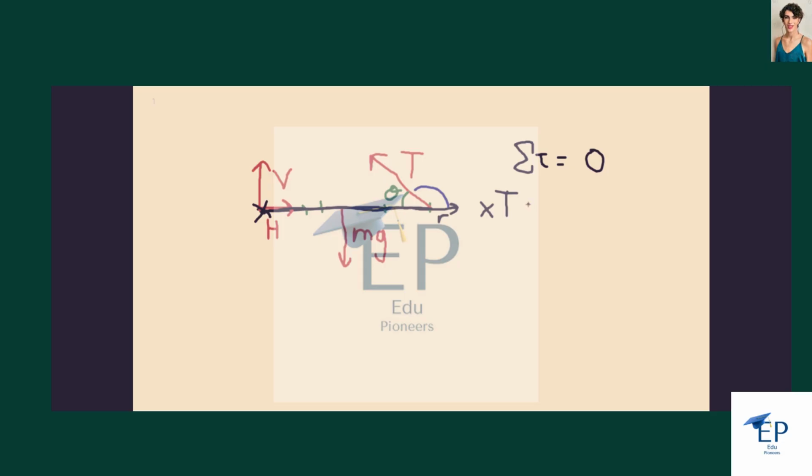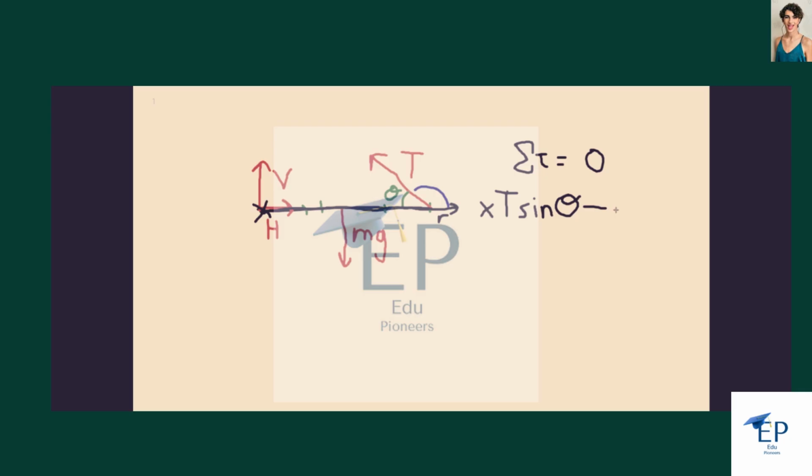So we can write our torque as x T sine theta, where theta is the theta that's given in the problem statement. It's not always true that the angle you put in your expression is the angle given to you as the problem is described, so it's good to check that. All right, that's our torque due to the tension force, and that's going to tend to rotate it in the counterclockwise direction. The torque due to the weight is going to tend to rotate it in the clockwise direction.